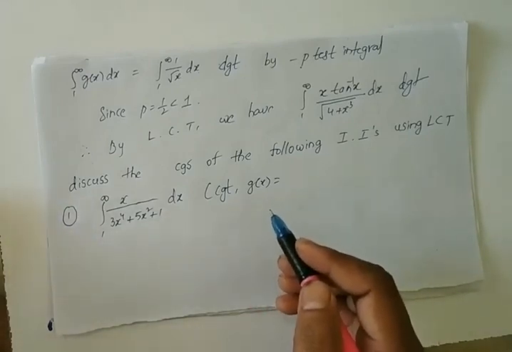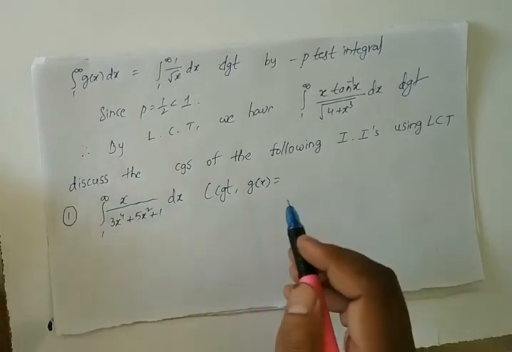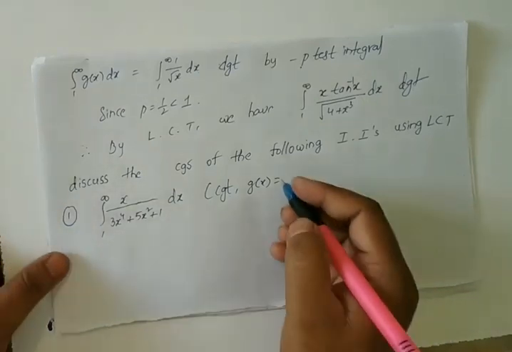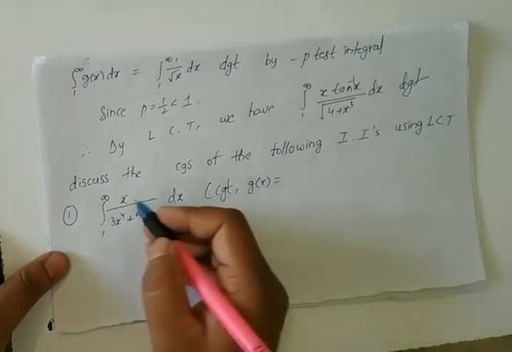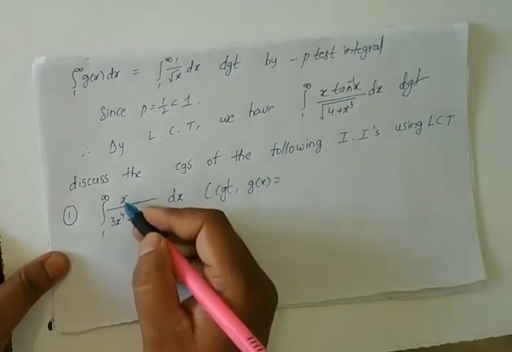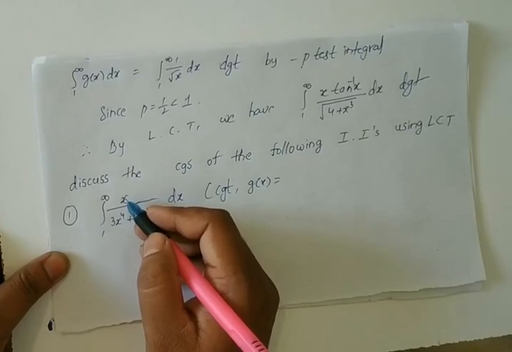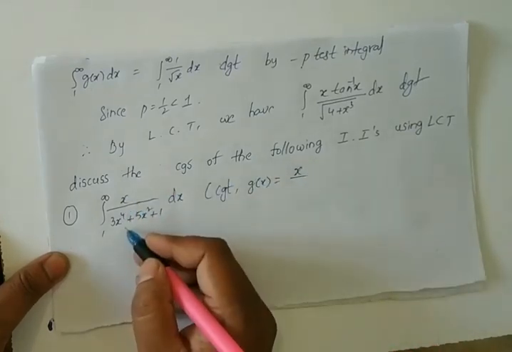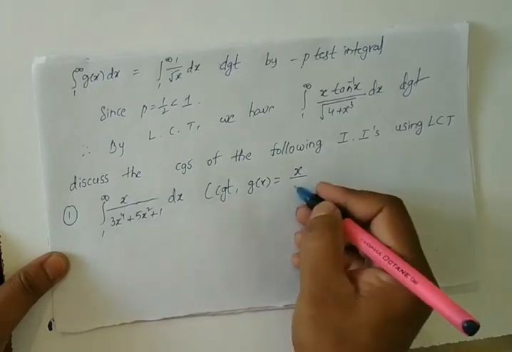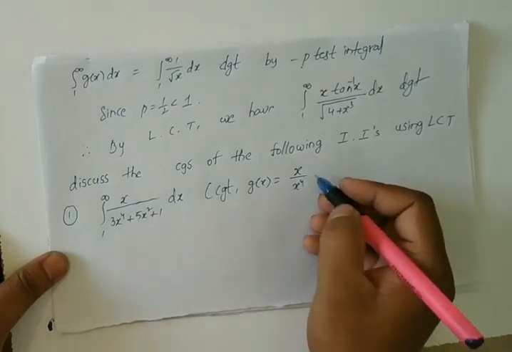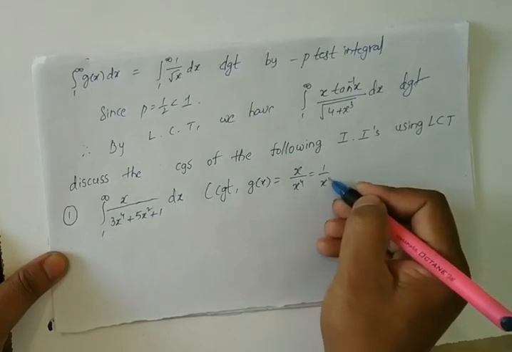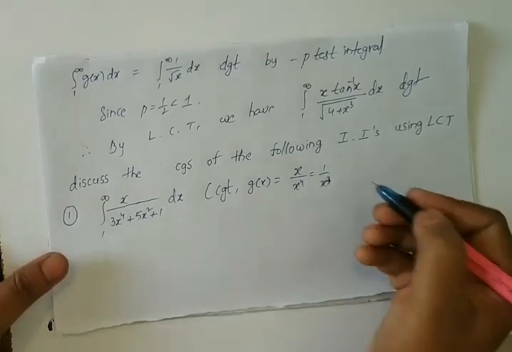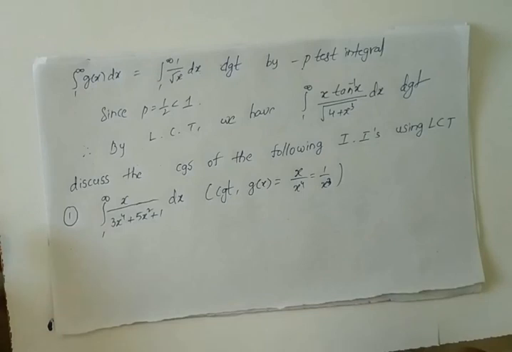So here also we have to follow the same procedure. Don't worry. So in numerator, what is the highest power of x? x. In denominator, what is the highest power of x? x power 4. x by x power 4 is nothing but 1 by x cube. This is g of x.